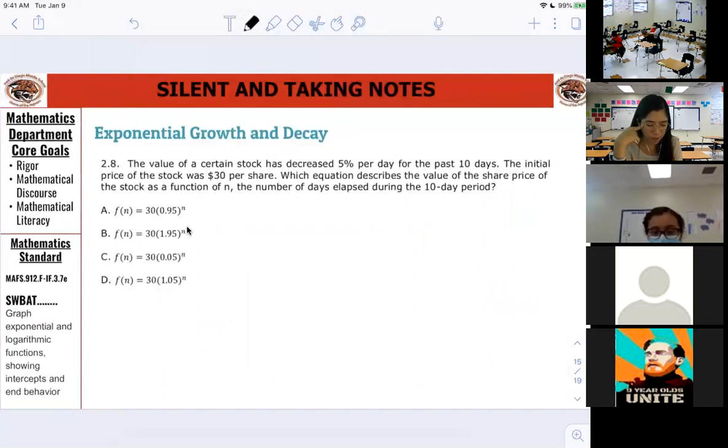Which equation describes the value of the share price of the stock as a function of n, the number of days elapsed during the 10-day period? Take 30 seconds to think, look through the possible answer choices, and then we'll do it together. You can send me your answer in the chat privately.